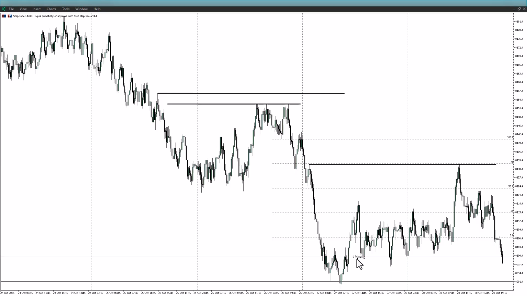Well, if we draw the high of the order block down to the low, we have a high probability bullish order block here. You want to see price action remain above the 50% of the bullish order block of the 15 minutes time frame. We call that particular key level, the 50%, the mean threshold.